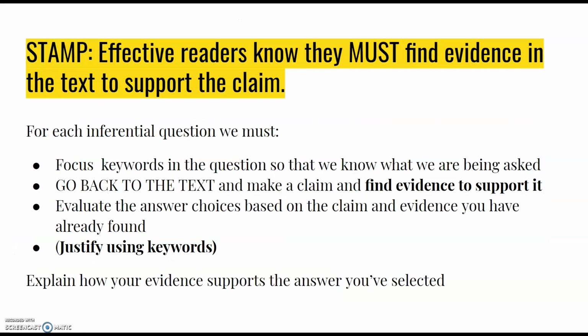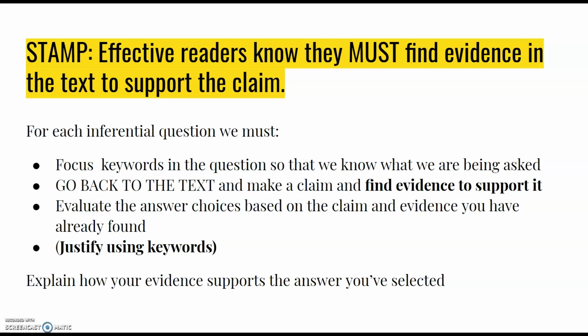As an effective reader, you must know that you have to find evidence in the text to support your claim. Many of us are not going back and rereading the text. You must read the text first, and then when you're answering questions, you must go back and reread the text. Focus on keywords in the question so that we know what we are being asked.